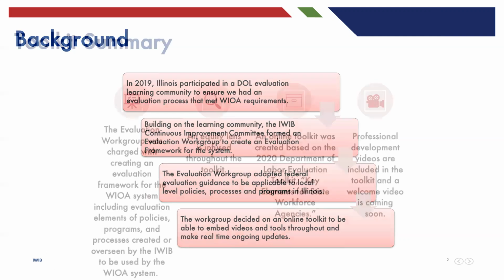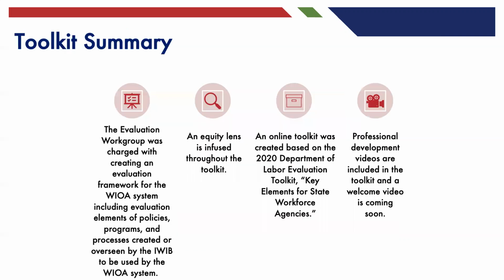The toolkit is built using an equity lens. We infused equity throughout the entire process, and we used a lot of research and a lot of existing tools to build our framework. The online toolkit was created using the 2020 Department of Labor Evaluation Toolkit called Key Elements for State Workforce Agencies.